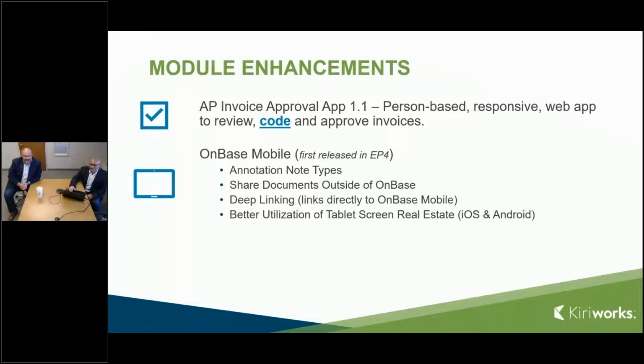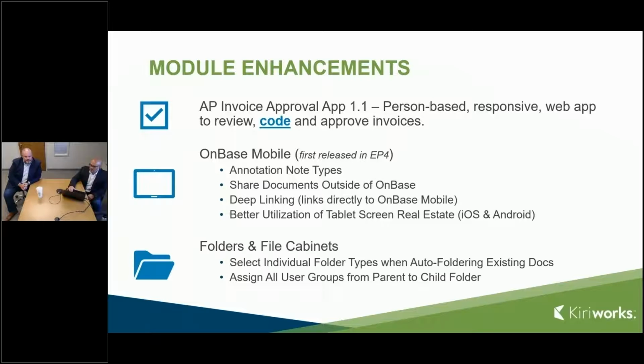Deep linking, for those that aren't familiar, is the ability to send a notification, for example through workflow, to a user so they can open that link directly into OnBase Mobile versus the web client. So that now exists within OnBase Mobile. And then they've made some enhancements to better work with tablet screen real estate.